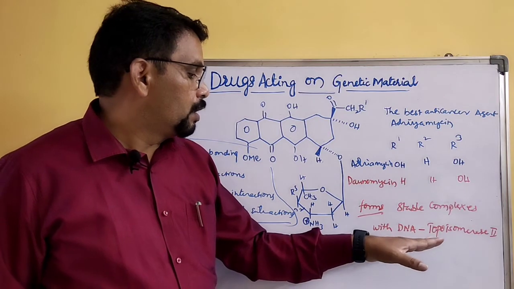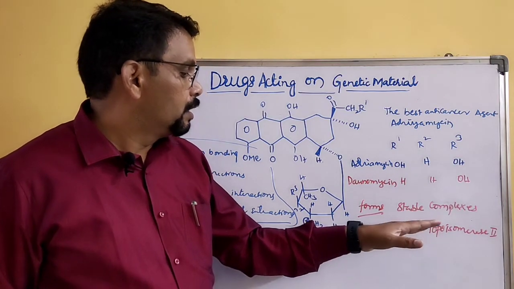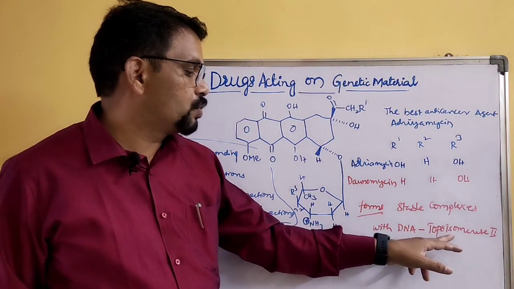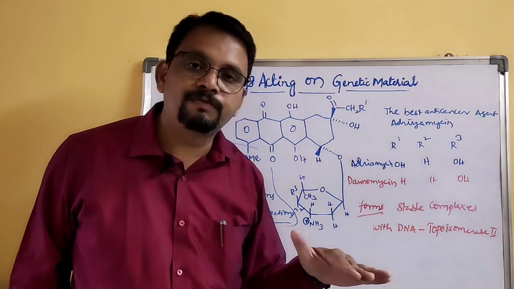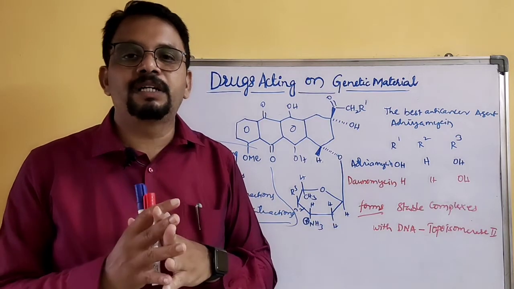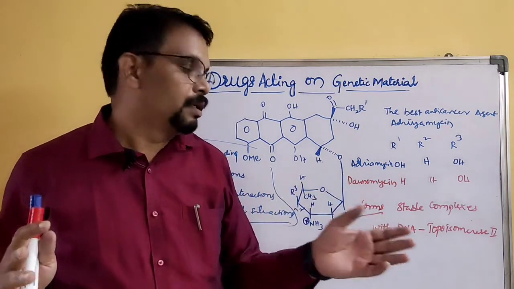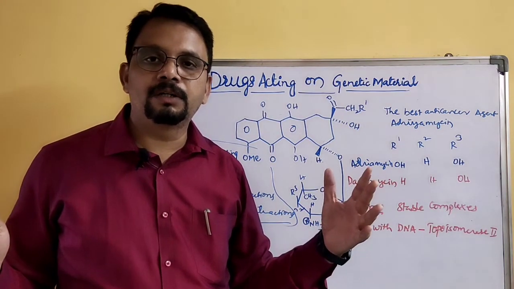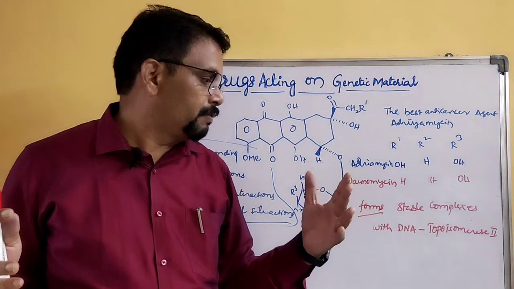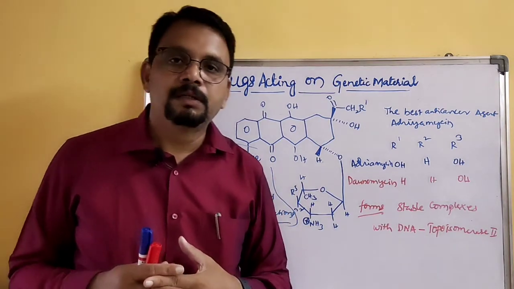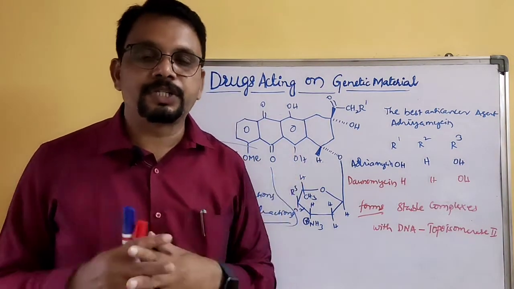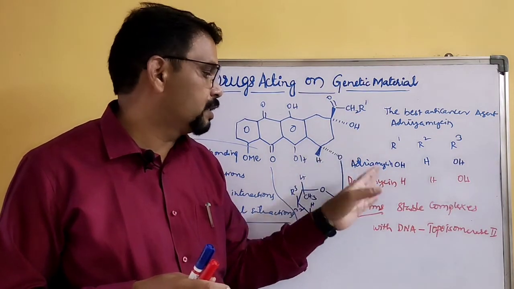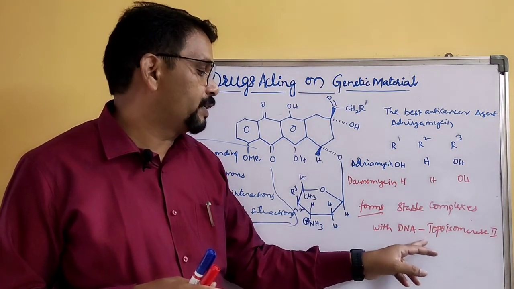Normally during replication, the DNA and topoisomerase 2 complex is formed for a short time, and after the completion of that work, both separate and return to their original states. But in this case, these anti-cancer agents stabilize this complex for a long time.